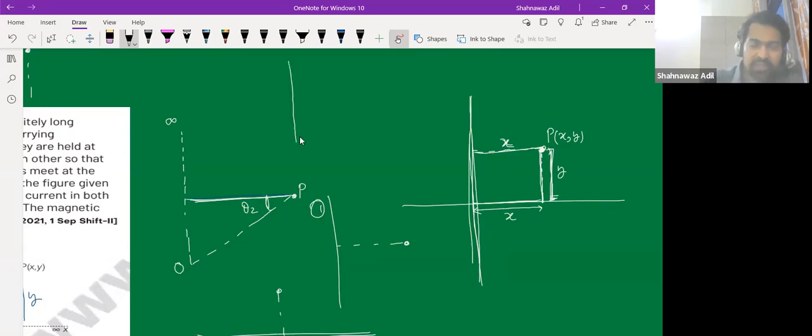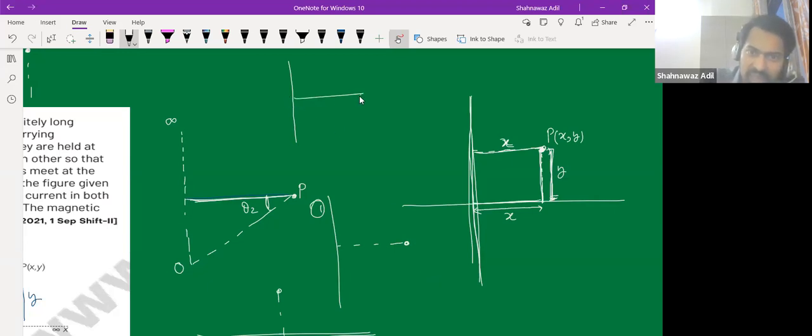Sir, yes, we have to find the magnetic field at point P. So we will assume that this is a finite wire, and we will put the conditions of these two angles, and then we will see what the value is.